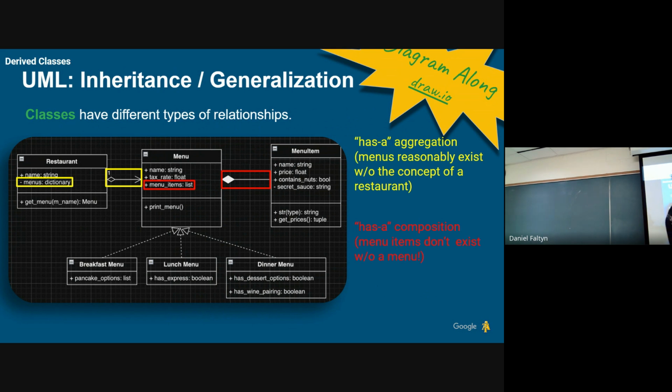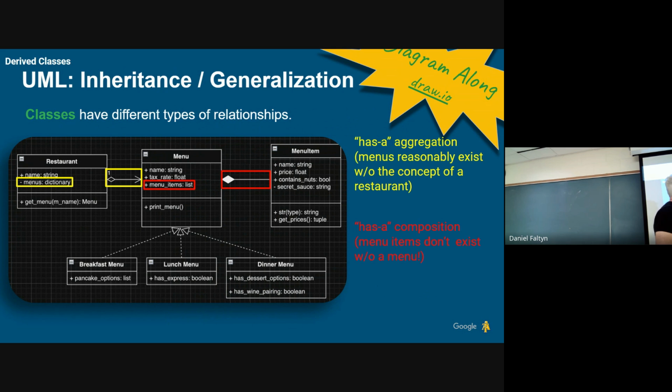And there's a little subtlety. We say one is an aggregation and one is a composition. The real difference is that a menu really can't exist without menu items, and menu items really can't exist without a menu. But a restaurant can certainly exist without a menu, and a menu can certainly exist without a restaurant.